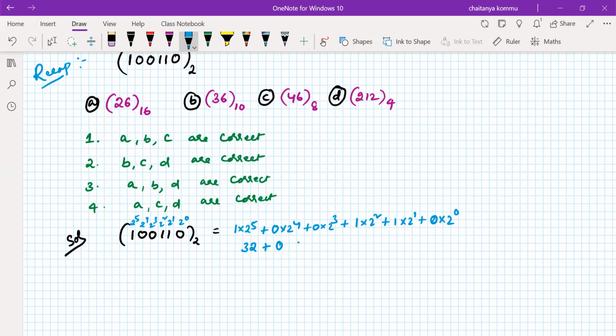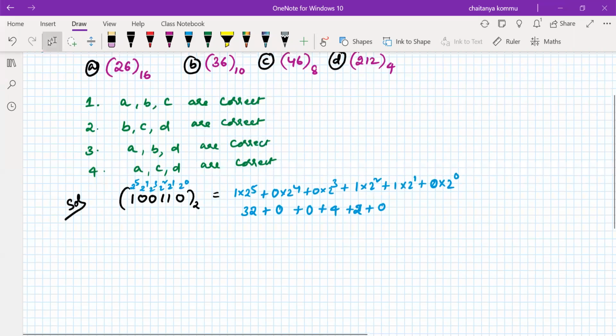The rest is 0 plus 4 plus 2 plus 0, so 32 plus 6 is 38. So 38 of base 10 will be given, right?